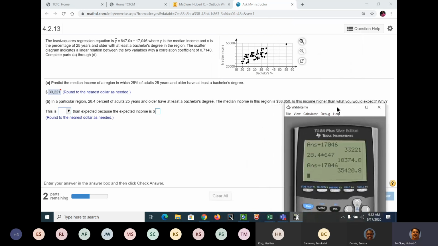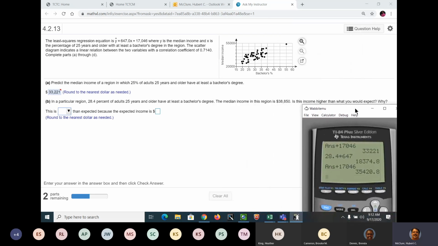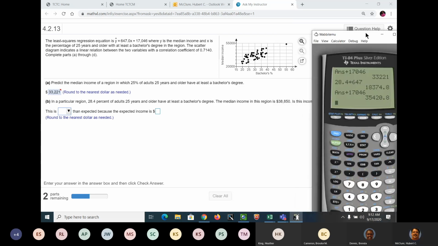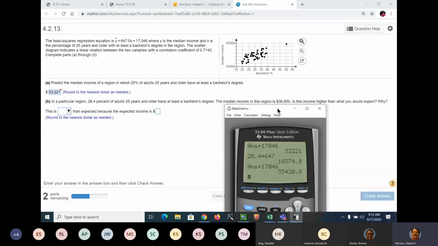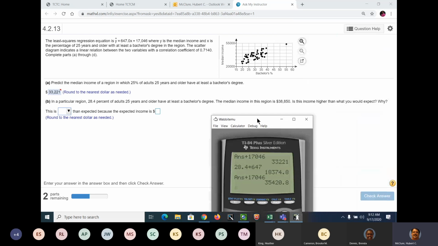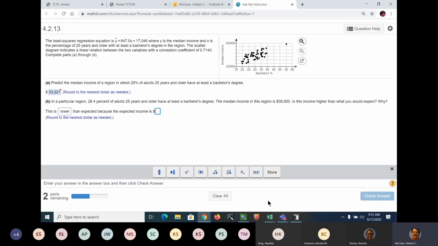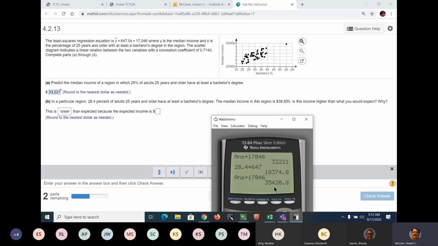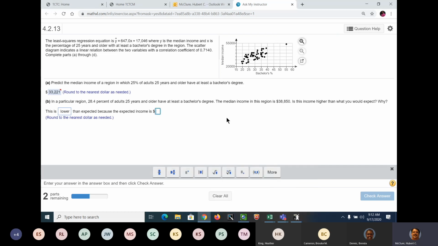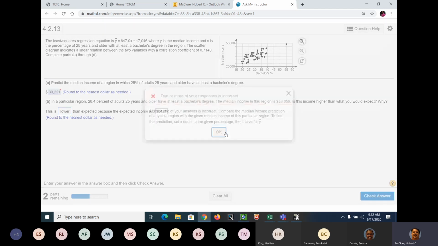Okay. Is this income higher than what you would expect? Well, the median is 38, so 35 would be lower than we expect. Round to the nearest dollar, 35,421. Okay, I'm just not understanding this question.